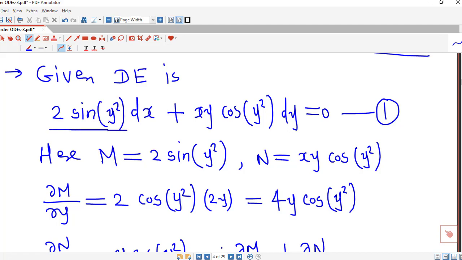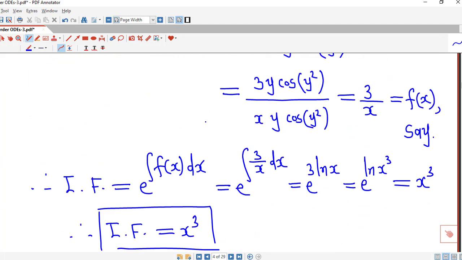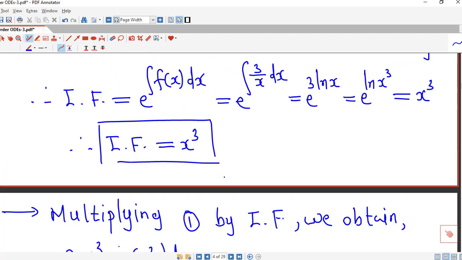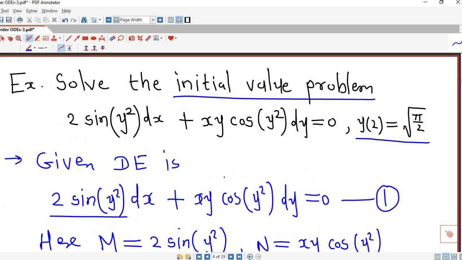So this is going to be 2 times x cube sine of y square dx plus, the coefficient of dy was x y cos y square, so that is multiplied with x cube.